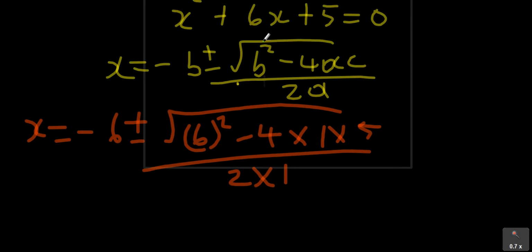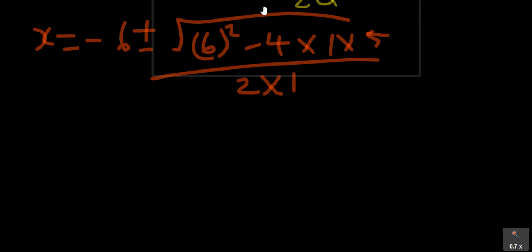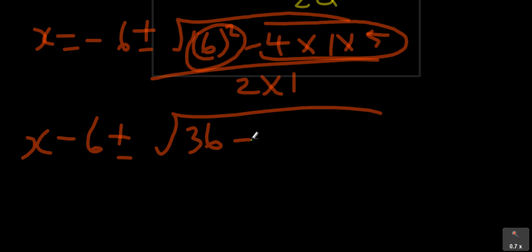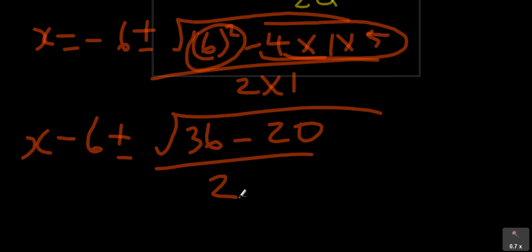Once we are here it's a simple substitution, and all we need to do is evaluate it. The square of 6 is 36. Multiplying out, 4 times 1 gives us 4, and 4 times 5 gives us 20. The denominator is 2. Let's go down.